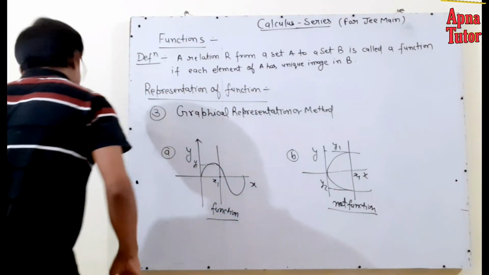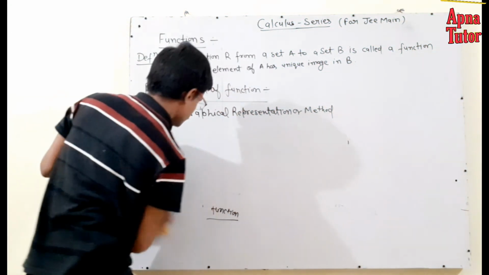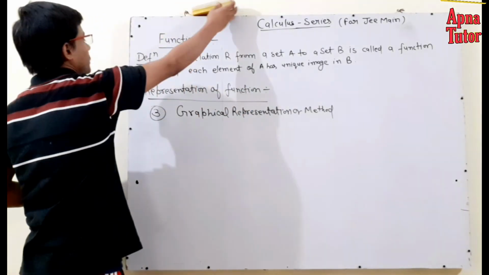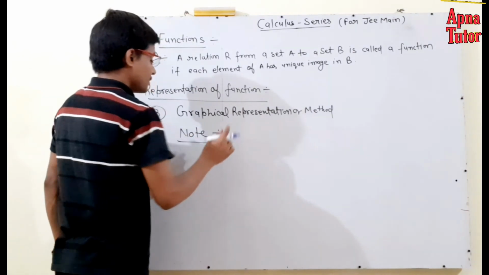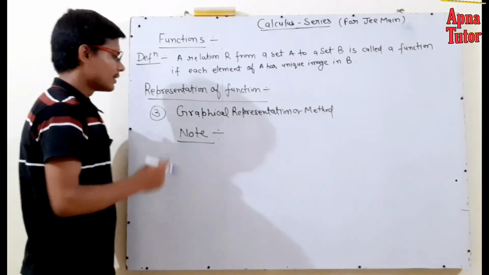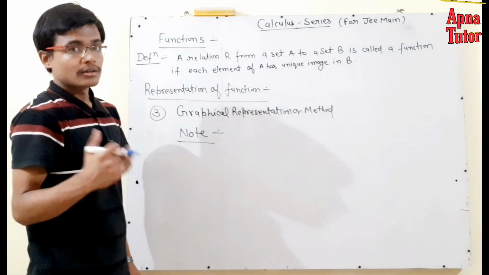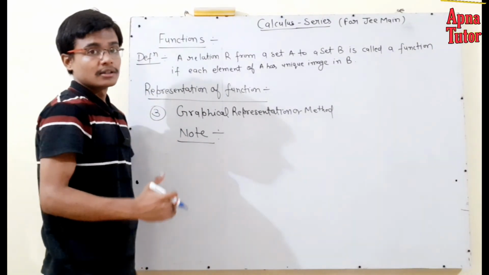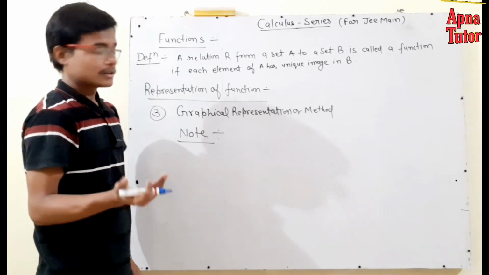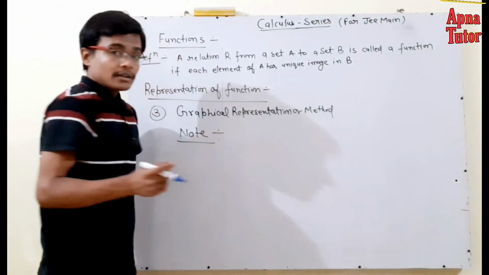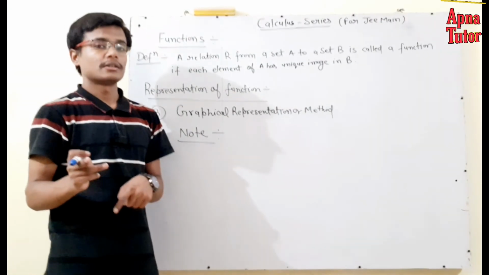There are two important points to note. As I discussed earlier, to check whether a graph is a function or not, you draw a vertical line, which gives the scenario of whether the given graph is a function. And second, not every relation is a function.